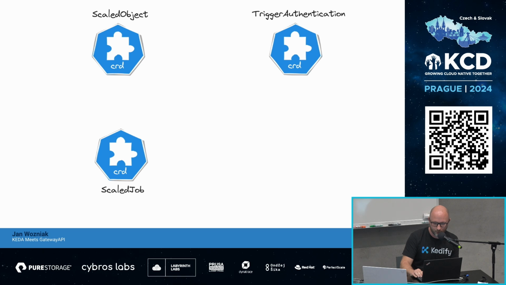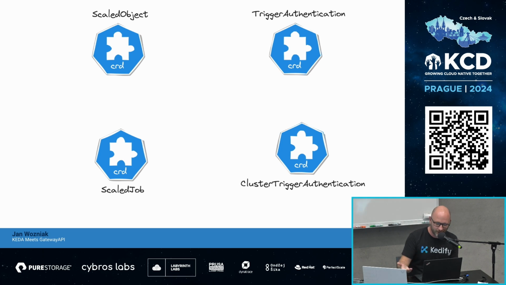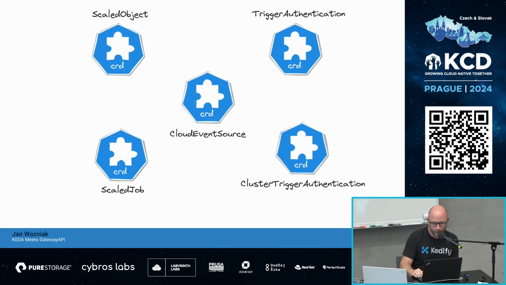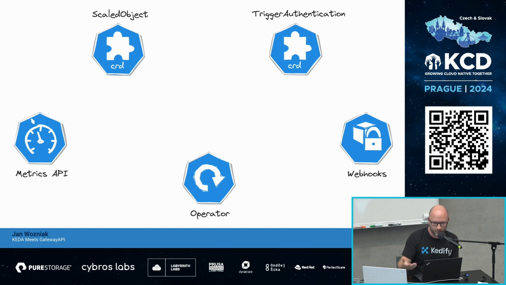There's also scaled object, which pairs with scaled job, which pairs with scaled object, cluster trigger authentication, which I think is running for a contest for longest running name of a CRD in Kubernetes. And there's also cloud event source. But for our purposes, we are going to skip them.